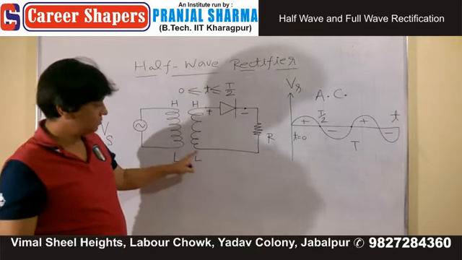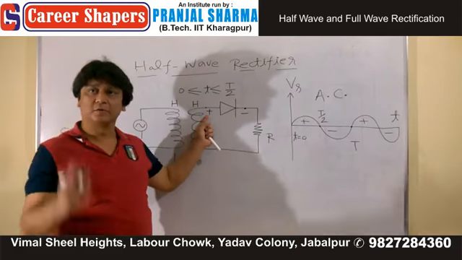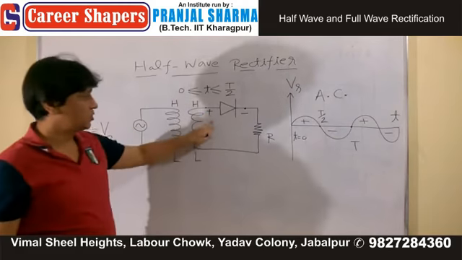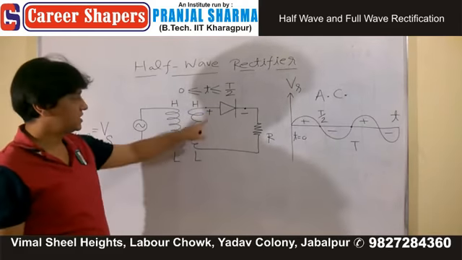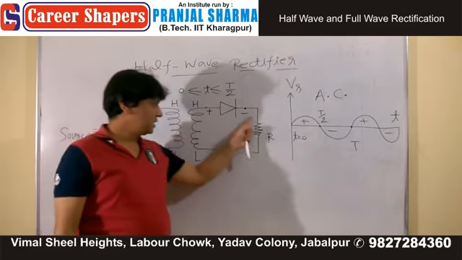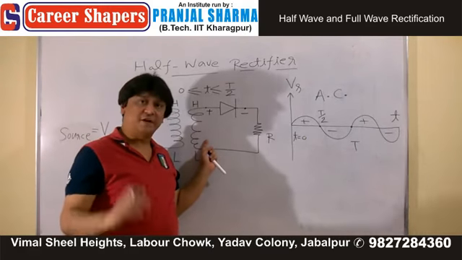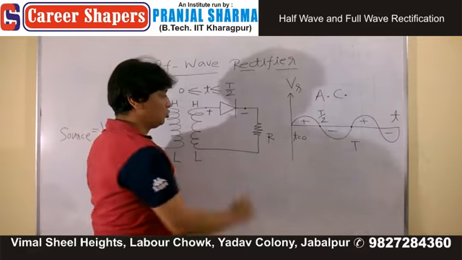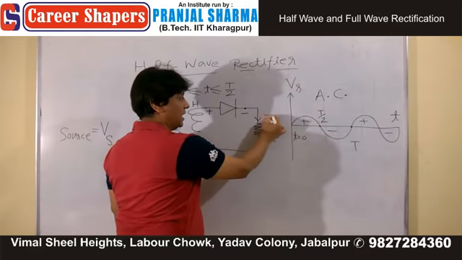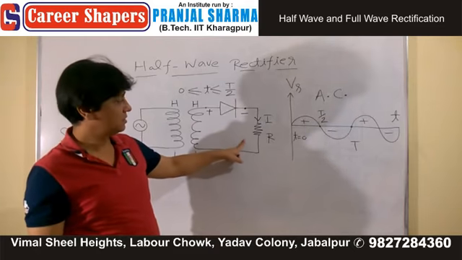If this is low, negative is low. This is high, positive is high. That's what positive and negative mean in this setup. Which means your circuit is in forward bias, and you will find that a current is flowing through the resistor R.